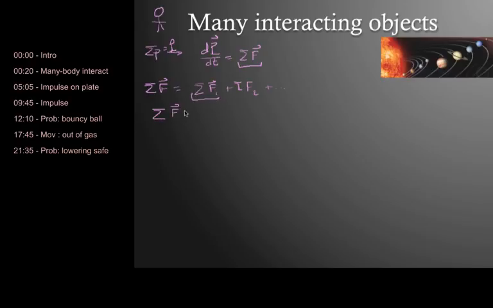The sum of the forces on Mercury is just equal to the sum of the external forces on Mercury plus the force of Venus on Mercury plus the force of the Earth on Mercury plus all the other planets and the Sun on Mercury.